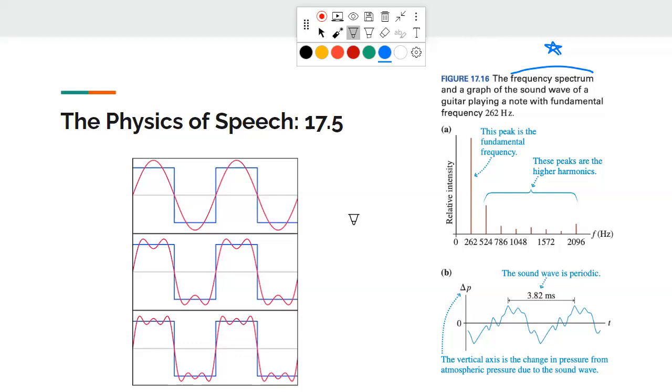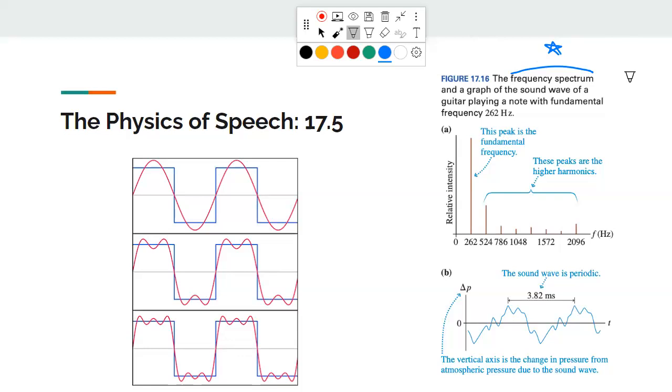So you can activate the fundamental harmonic, maybe the second harmonic, maybe some higher ones as well. That's what the figure in part A is showing: frequencies on the x-axis and relative intensity on the y-axis. You can see there's a lot of energy at this 262 hertz peak, and as the chart notes, that's likely the fundamental frequency of the string.